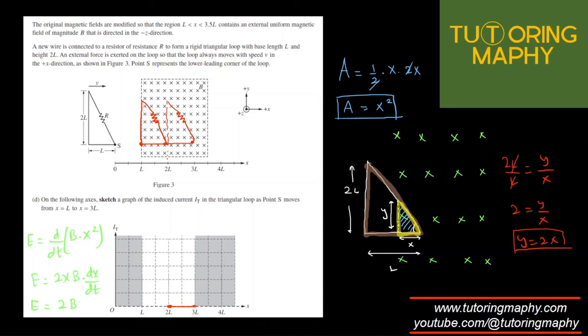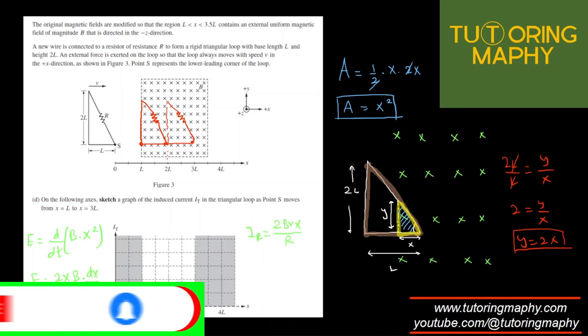So it's 2Bvx. There is no L, so the EMF is definitely dependent on x. Obviously the current will be in the same fashion, the only difference being that it will be 2Bvx over R.